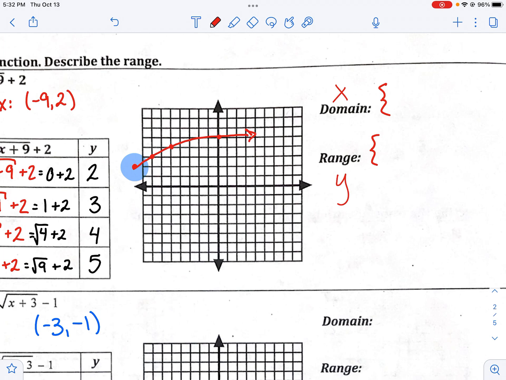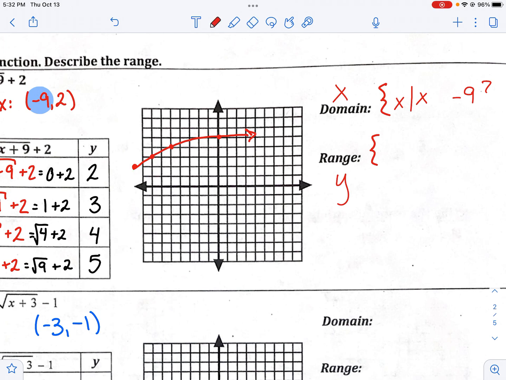All the way on the left, it starts at -9. And notice that your vertex starts at -9. Well, what other numbers are covered? -8 is covered, -7, -6, all of these numbers are covered. On my number line, I'm going to the right.